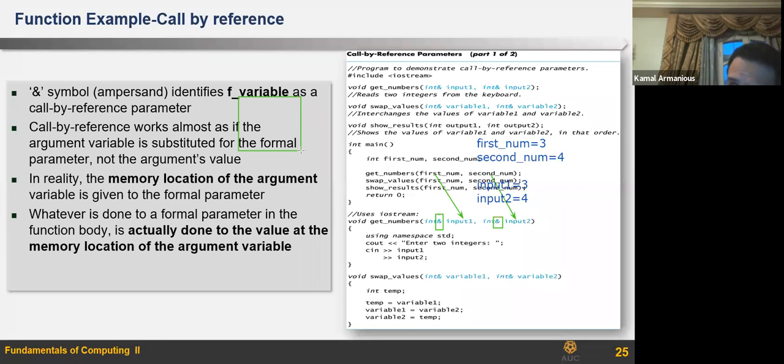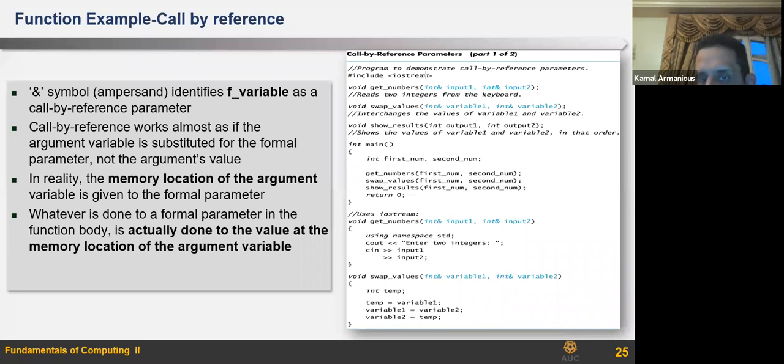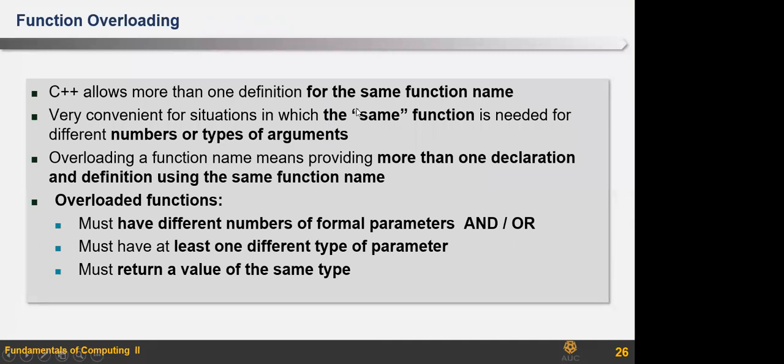So when I change the values for input 1 and input 2, they will change the values for first num and second num. Simply put, they live in the same apartment, so if I affect one, the other will be affected. As simple as this. So this is called call by reference. Do you understand now what call by value and call by reference are? Okay, that's good.